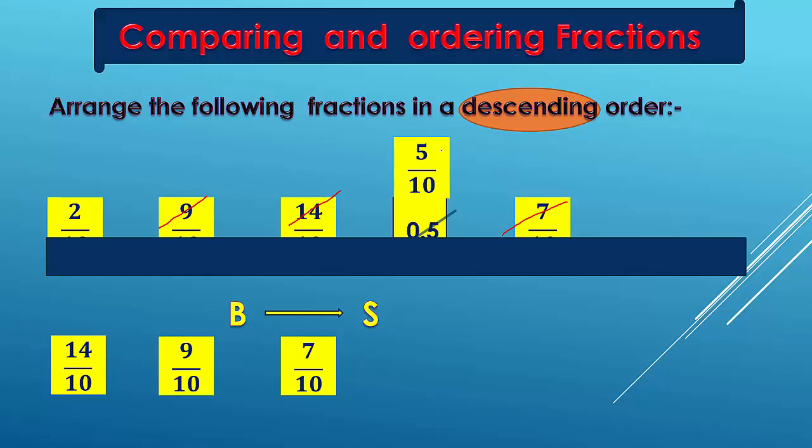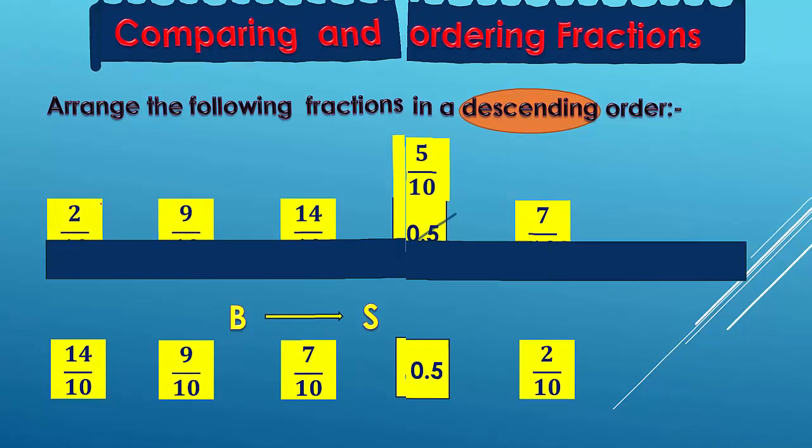Then 2 over 10 or 5 over 10, my students, which is big? 5 over 10. Don't forget to cancel. But I will not write 5 over 10, my students. I will write 5/10. Okay? Then the last one, the smallest one, is 2 over 10.